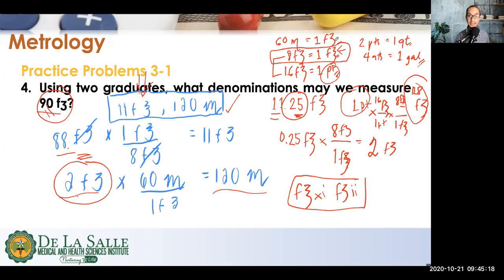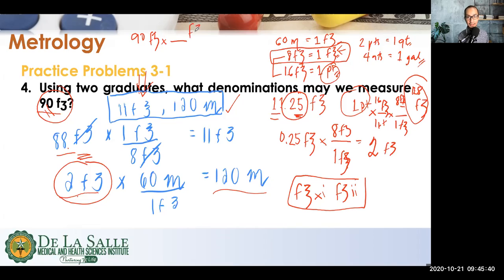Next, you will divide 90 fluid drams by 8. Bakit divide 90 by 8? Remember na meron kang 90 fluid drams, and you want to convert 90 fluid drams to fluid ounces.